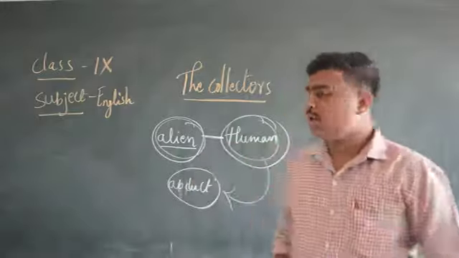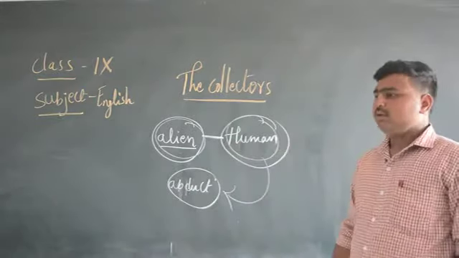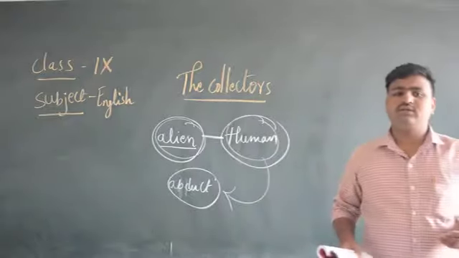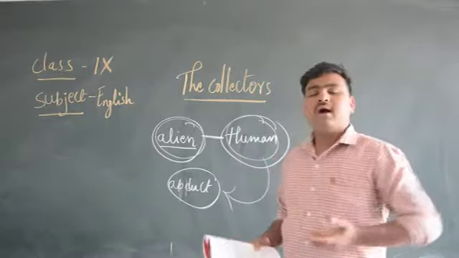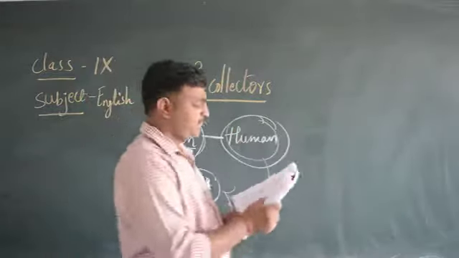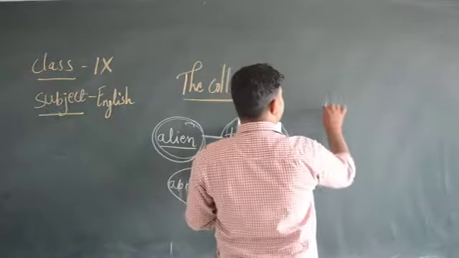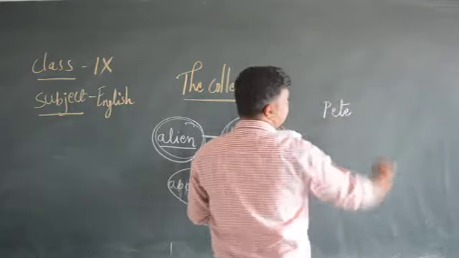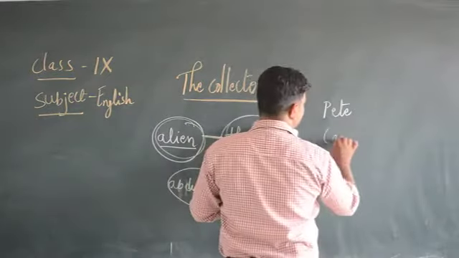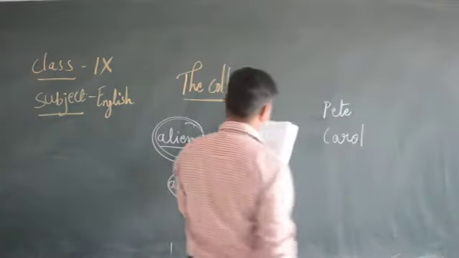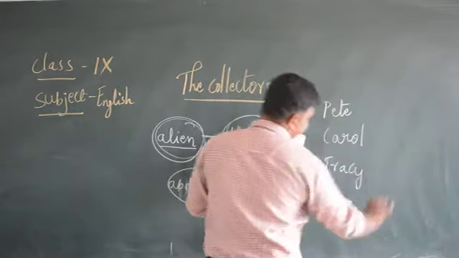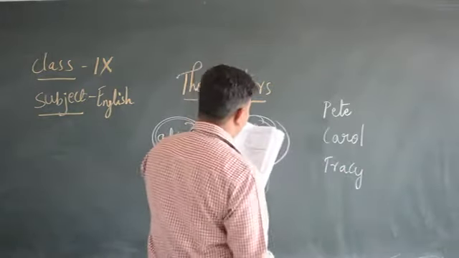Before we start the discussion, I want you to know the characters in this lesson. The first one, Pete. Next, Carol. Then Tracy. Then Wayne.